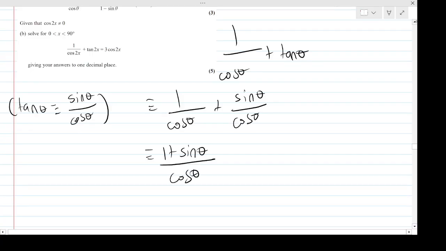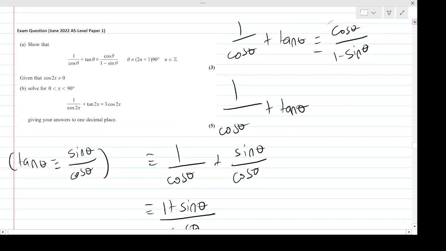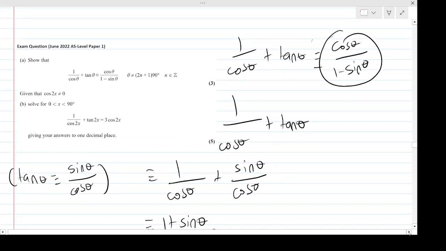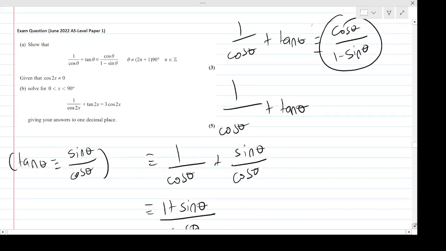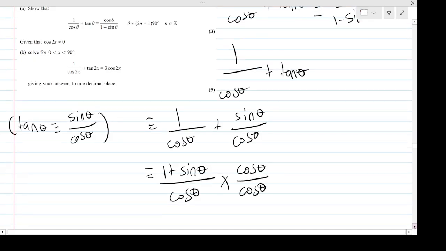Okay, but I'm in a bit of a pickle, right? Because I need to end up with cos theta over 1 minus sine theta. I have a cos on the top, but my problem is I have a cos on the bottom, right? I can kind of force my answer then. If I know I need a cos on the top, I just times this fraction, top and bottom, by cos over cos, right?